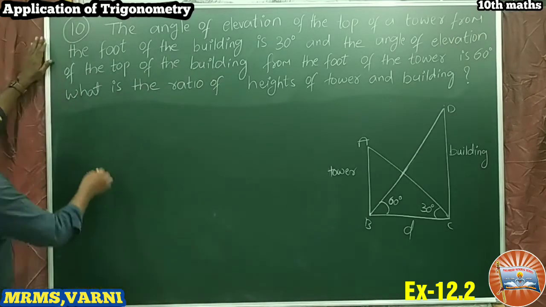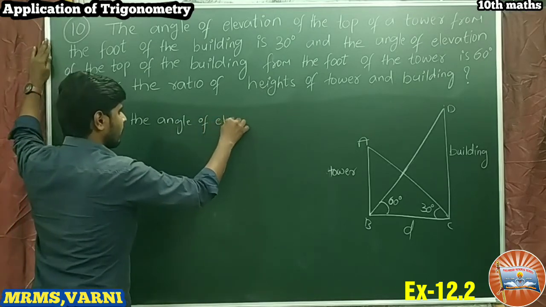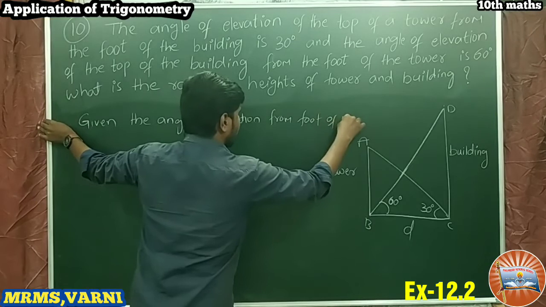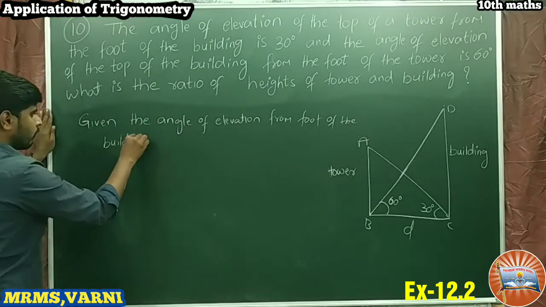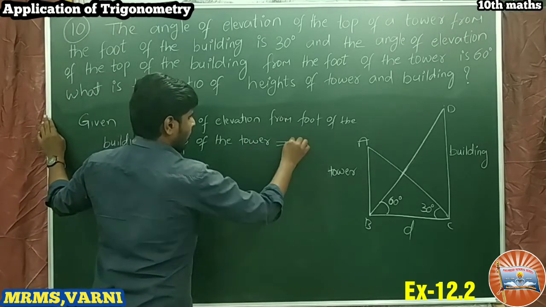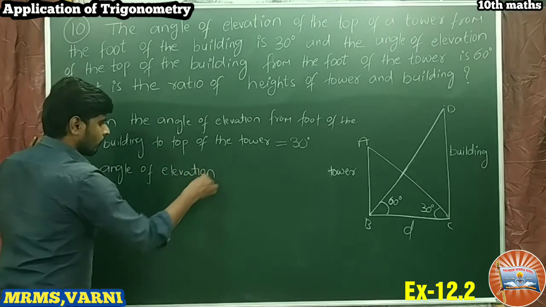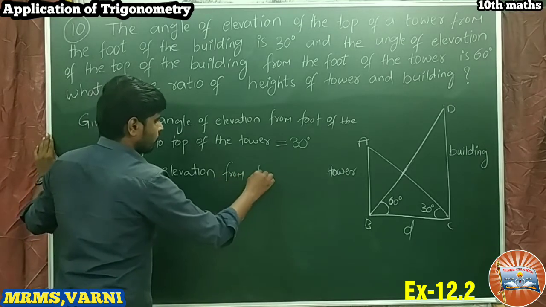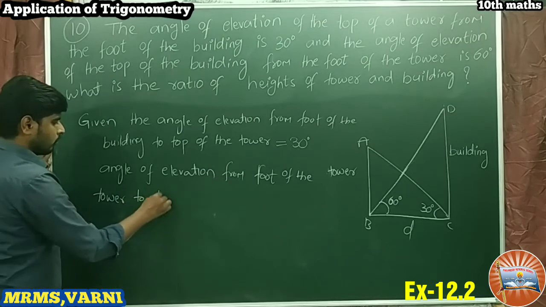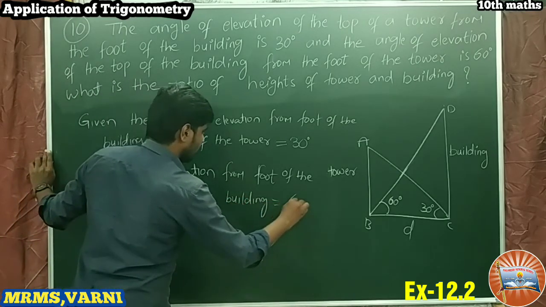Let us write first what is given. Given the angle of elevation from the foot of the building to the top of the tower is given 30 degrees, and the angle of elevation from the foot of the tower to the top of the building is given 60 degrees.